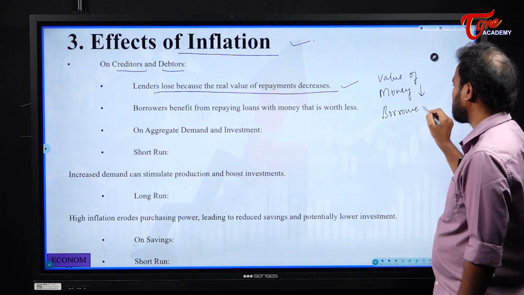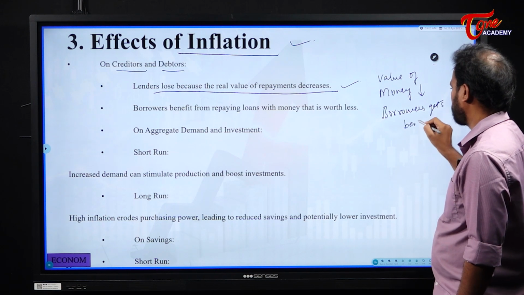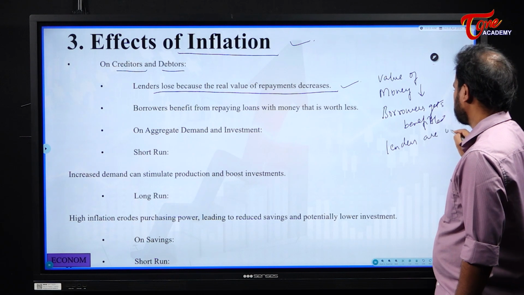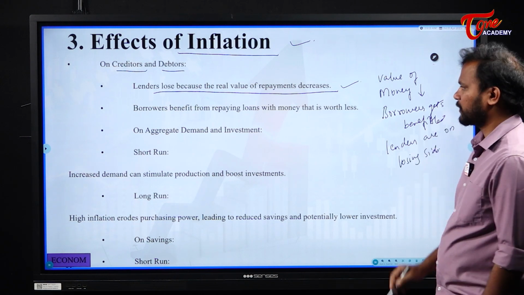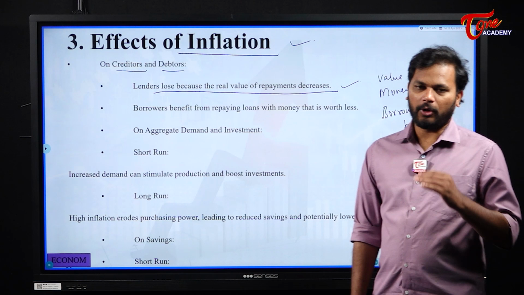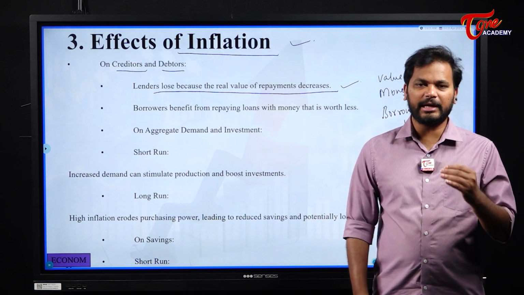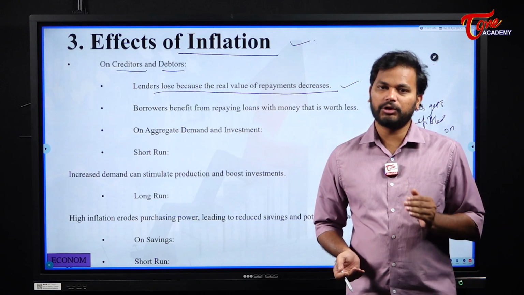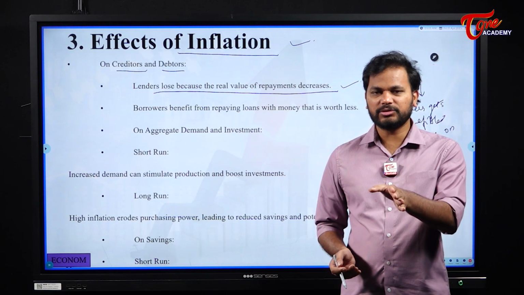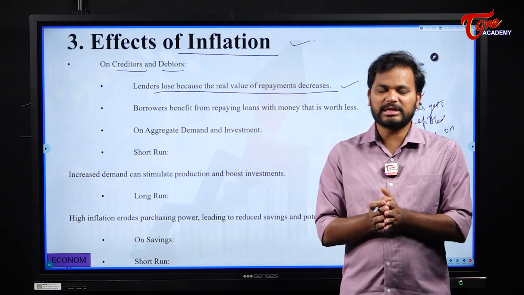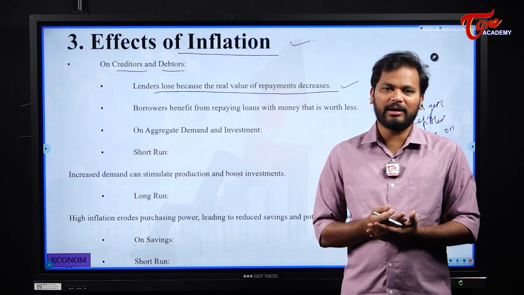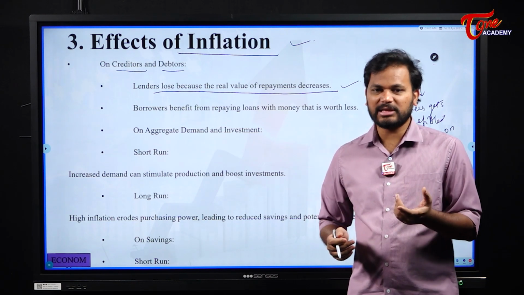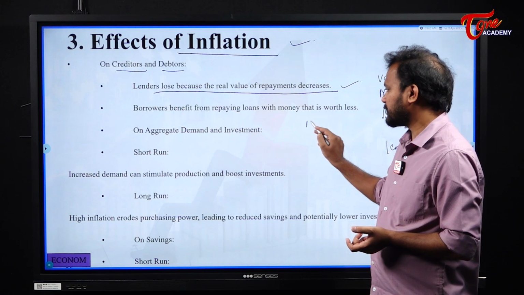The borrowers get benefited, but the lenders are on the loser side. Clear? So the borrowers get benefited because they are repaying money which really does not have much value. Previously that money used to buy a certain set of goods and services. Now that money doesn't have as much value. It became cheap. So as a consequence, the borrowers get benefited.